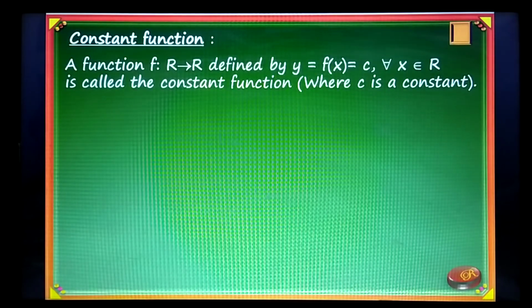Constant function. A function f from R to R defined by y = f(x) = c, for every x belongs to R, is called the constant function, where c is a constant.